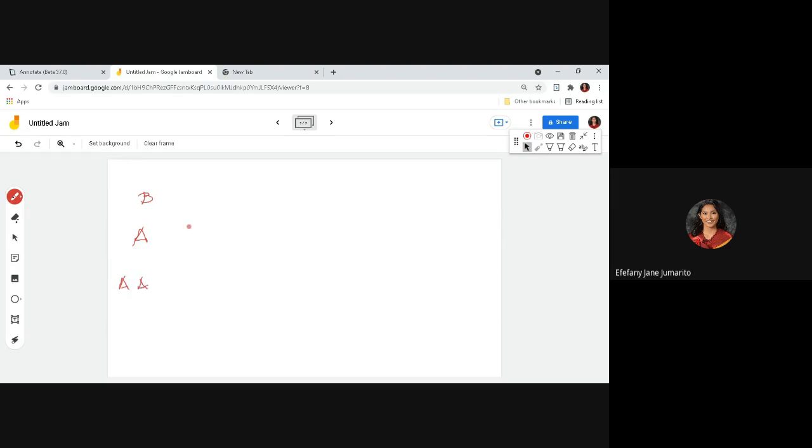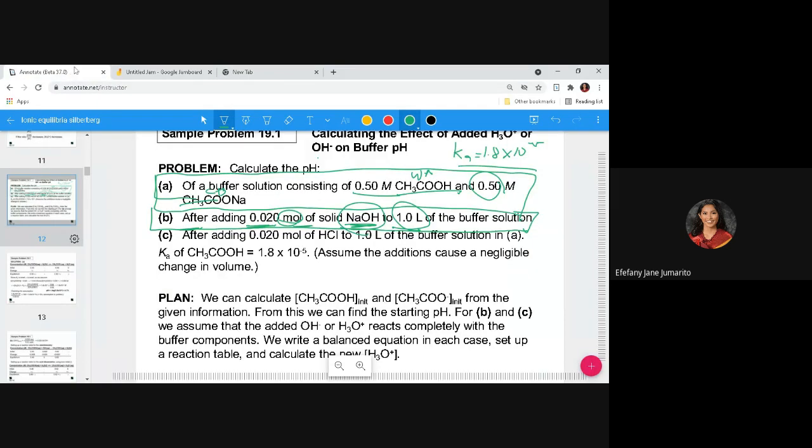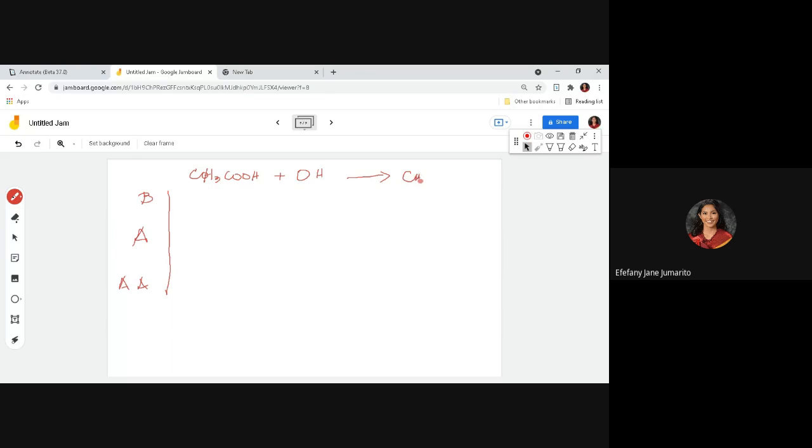We have CH3COOH plus you add NaOH, so we will use the OH there. We will have CH3COO minus plus H2O.